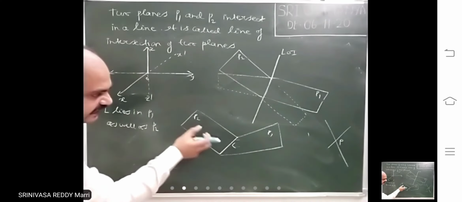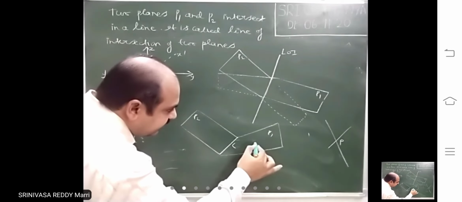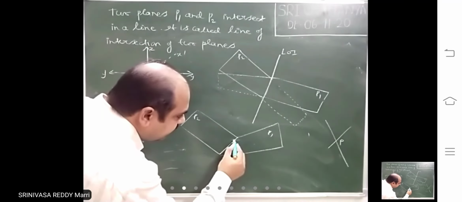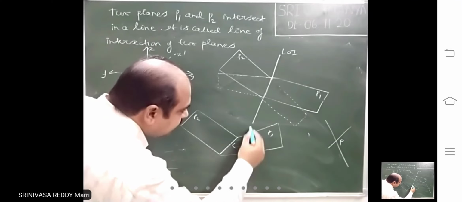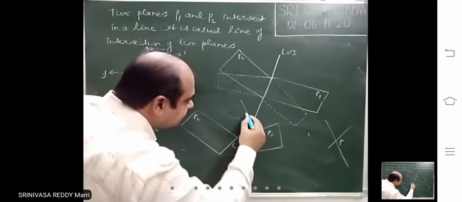So how do we calculate the drs of L? Take the normal vector of each plane.